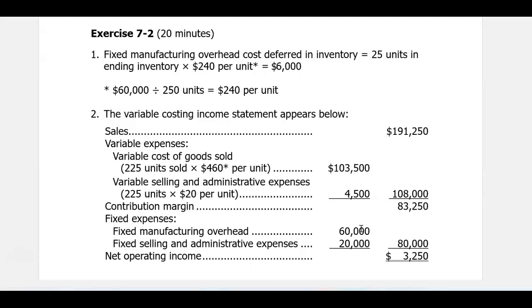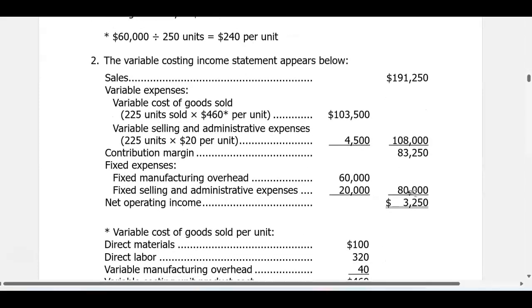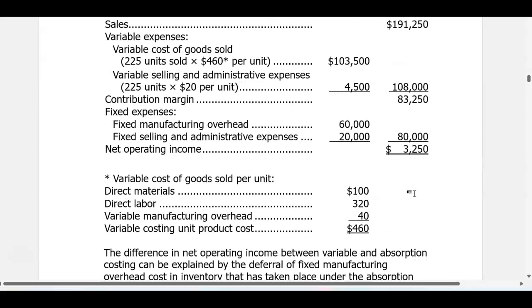Got it? Hopefully. Okay. So under variable costing, as you see, your ending inventory will be much less because you have only variable expenses per unit in the inventory.